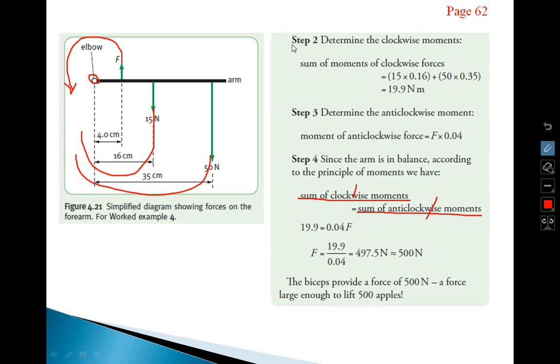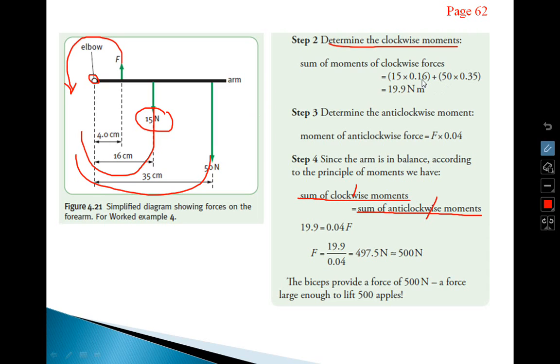So step number 2, determine the clockwise moments. The summation of the moments of the clockwise forces is equal to what? We start with the first force, 15 Newton with a distance of 16 centimeter.